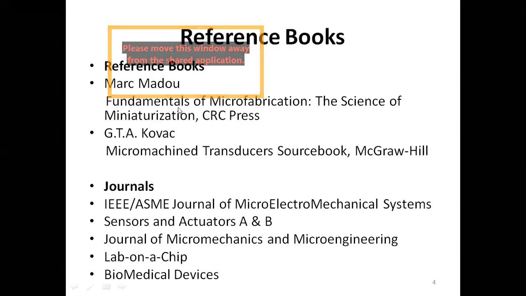So, Fundamentals of Microfabrication: The Science of Miniaturization, CRC Press, and the author is Marc Madou. The other book that I mentioned, Micromachined Transducers Sourcebook by McGraw-Hill, and the author is G.T.A. Kovacs.